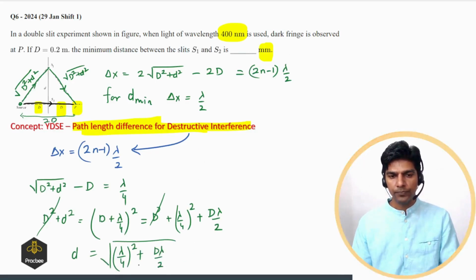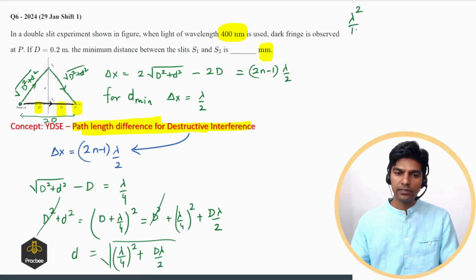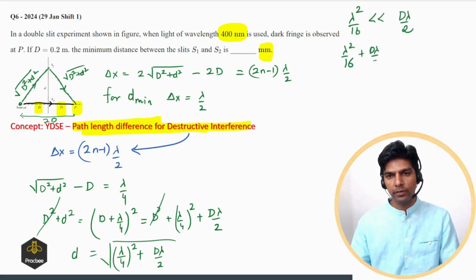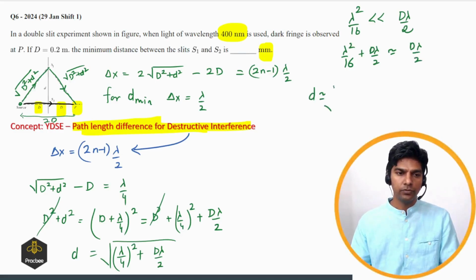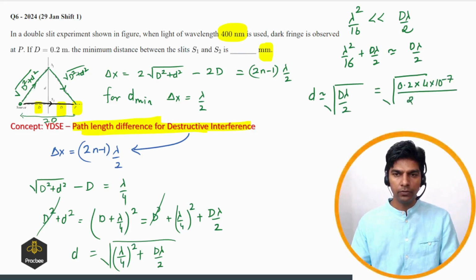Now if you look at the comparison between these two terms which we are adding, lambda square by 16 is very small in comparison to D lambda by 2. So we can write lambda square by 16 plus D lambda by 2 as nearly equal to D lambda by 2. So we can say d is nearly equal to root of D lambda by 2, which is root of 0.2 times 4 into 10 raised to the power minus 7 divided by 2.